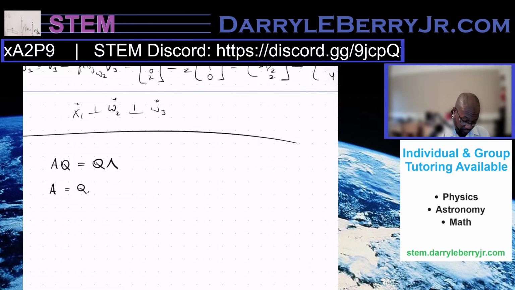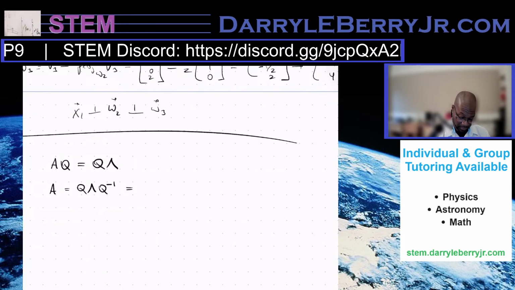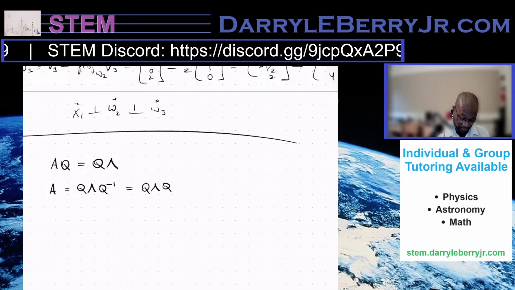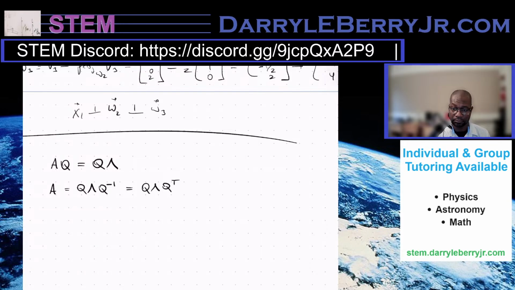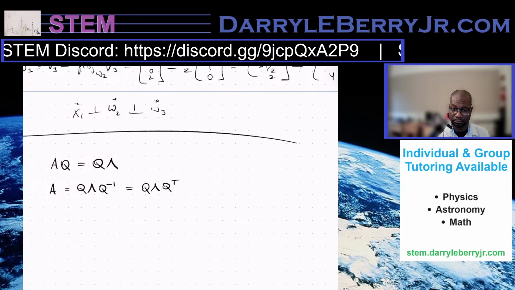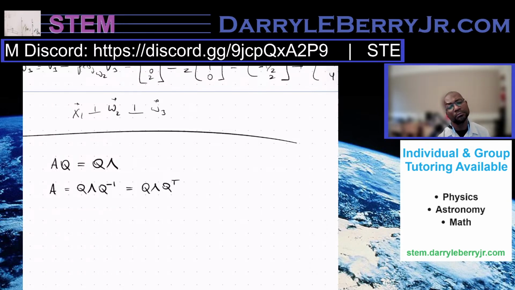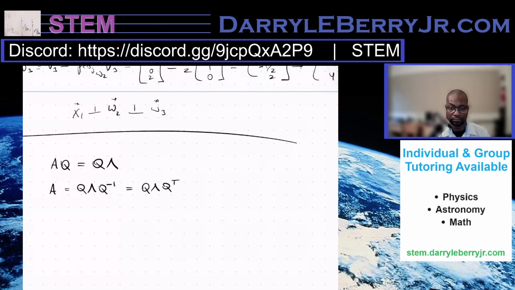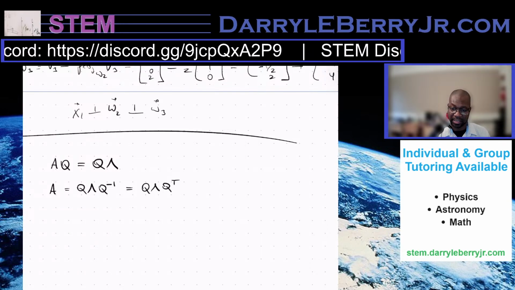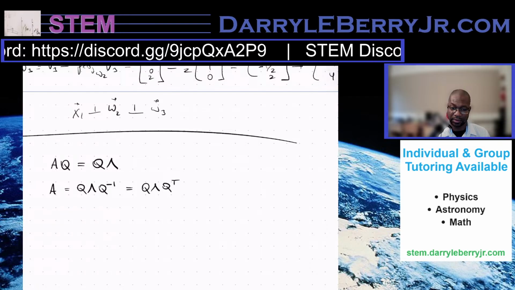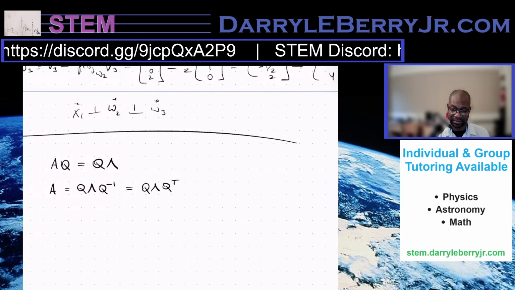So A equals Q diagonalized Q inverse, which equals Q diagonalized Q T. This is the so-called spectral decomposition of A. Multiplying by a symmetric matrix A is the same as taking the weighted sum, weighted by the eigenvalues, of projections onto the respective eigenspaces.